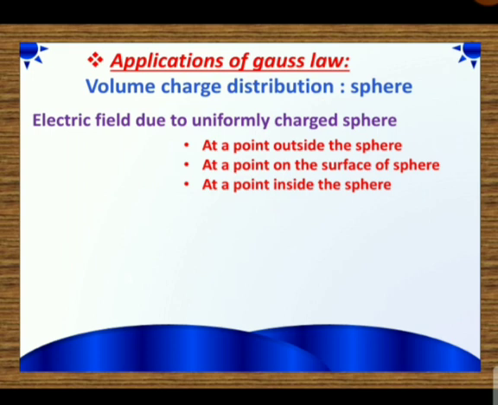Then how to find electric field intensity due to that charged sphere at a point outside the sphere, at a point on the surface of the sphere, at a point inside the sphere. That means I have to find electric field at 3 different points. One is outside, another one is on the surface, and another one is inside the surface.